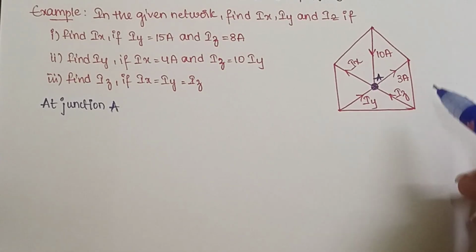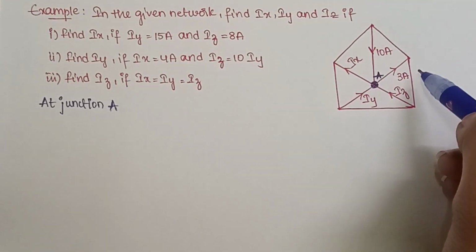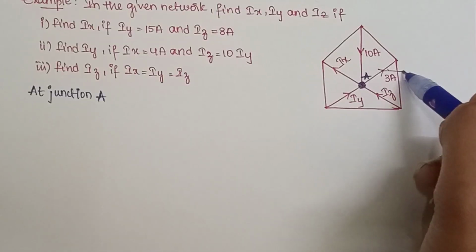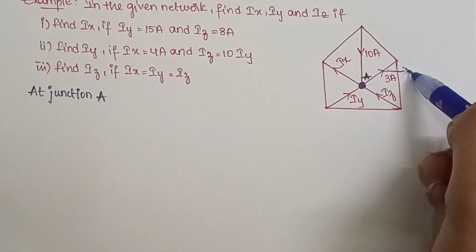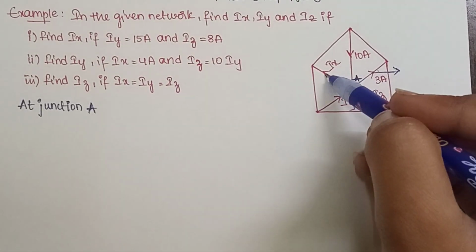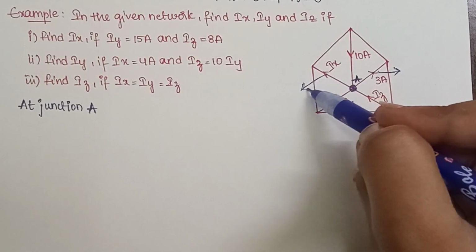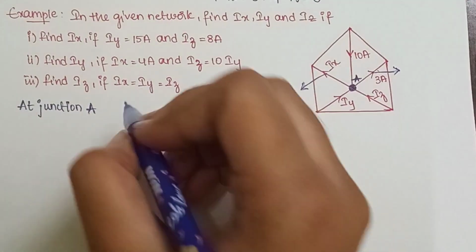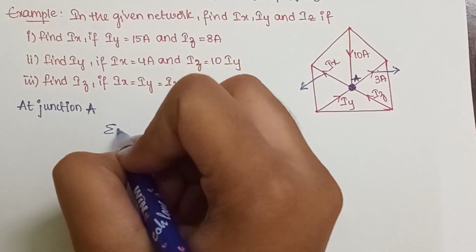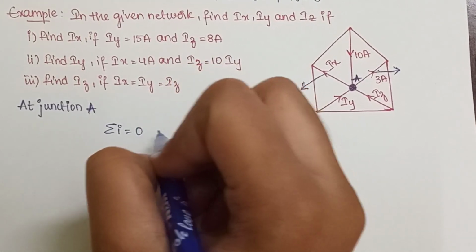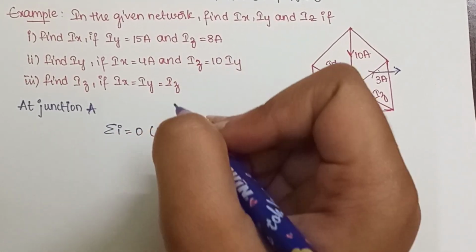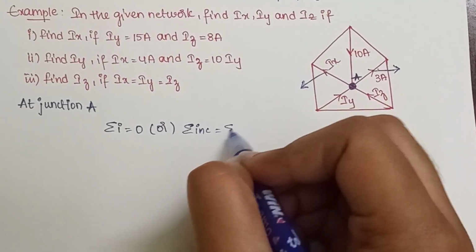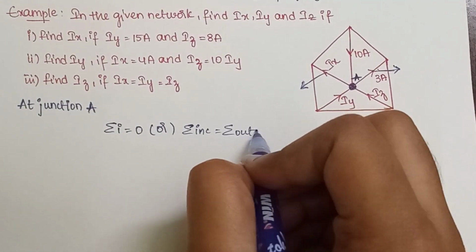Now see, if we check this diagram, what are the outgoing currents here? 3A is an outgoing current, and also Ix is an outgoing current. So we can either do it as the sum of currents equal to 0, or the sum of incoming currents equal to the sum of outgoing currents.